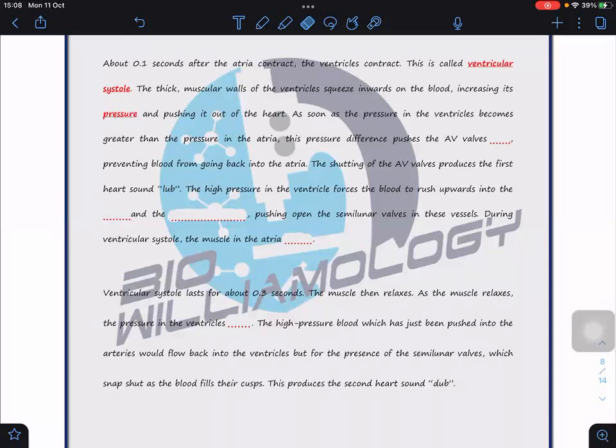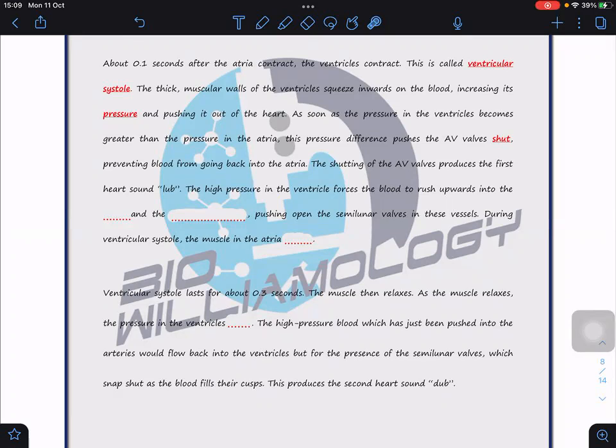As soon as the pressure in the ventricle becomes greater than the pressure in the atrium, this pressure difference pushes the AV valve shut, preventing the blood from going back into the atrium. The shutting of the AV valve produces the first heart sound, called lub. So this is the lub sound, so loud that you can pick it up if you use a stethoscope to hear it.